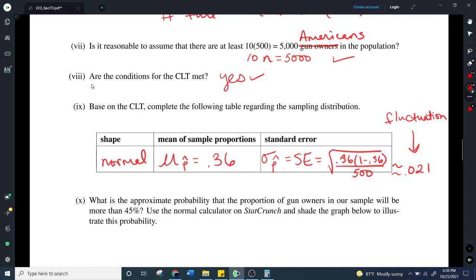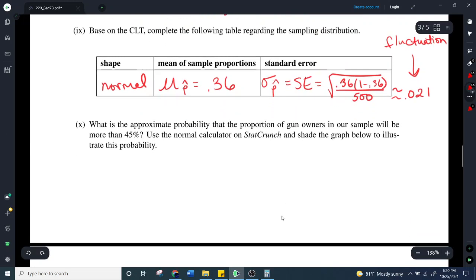So the question says, what is the approximate probability that the proportion of gun owners in our sample will be more than 45%? Notationally, let's write that out. We're looking for the probability, remember that notation from chapter 6, that a given sample p hat will contain more than 45% gun owners.